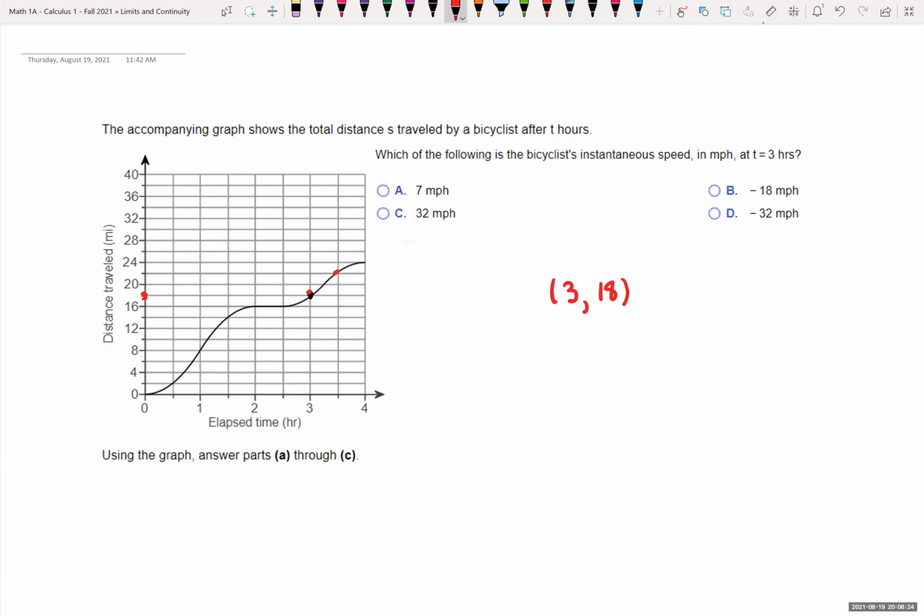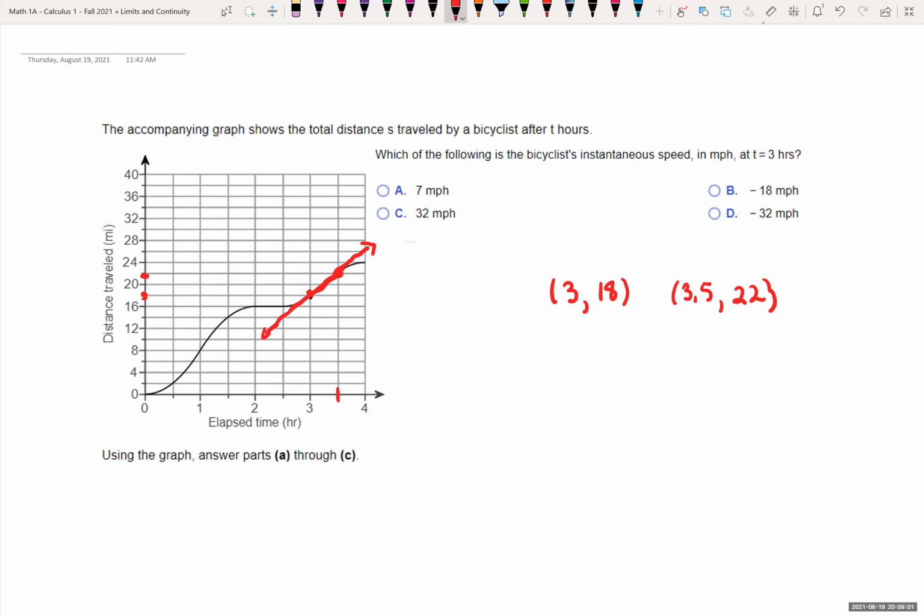This point on my graph is when T is 3.5, and my Y value there is 22. The only reason I chose that point was because it looked like it fell on my tangent line. It didn't really have to be on the function itself, because we're just finding the slope.